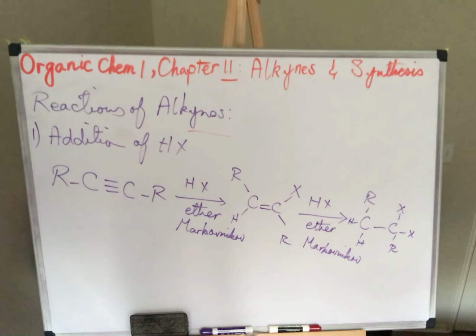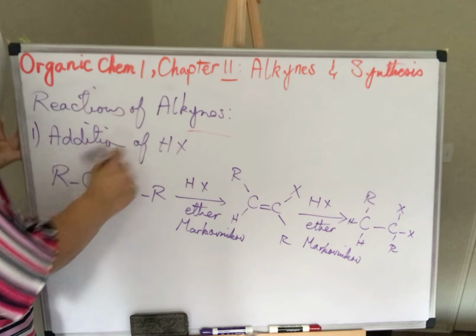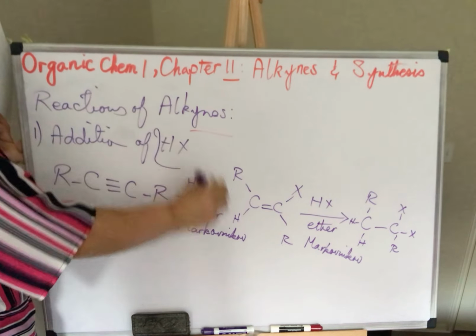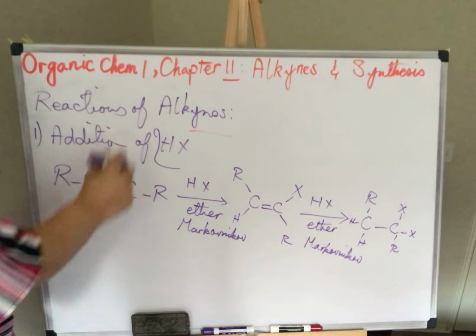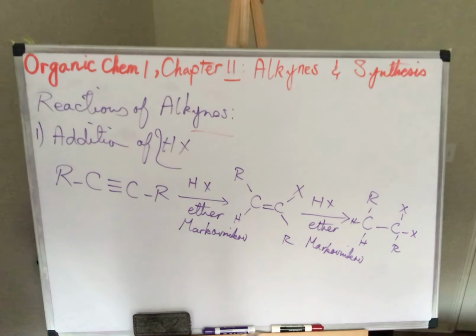So for alkenes, you just need 1 hydrogen halide. In order to fully saturate the triple bond, you need 2 moles or 2 equivalents of HX. If you see the word equivalents, it means 2 moles, so enough to saturate the triple bond fully to a single bond.